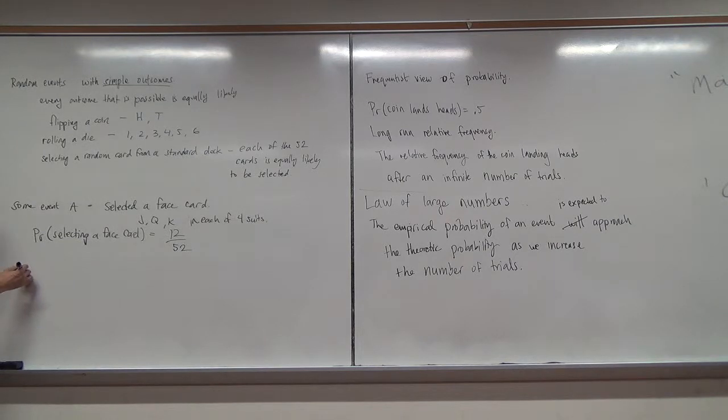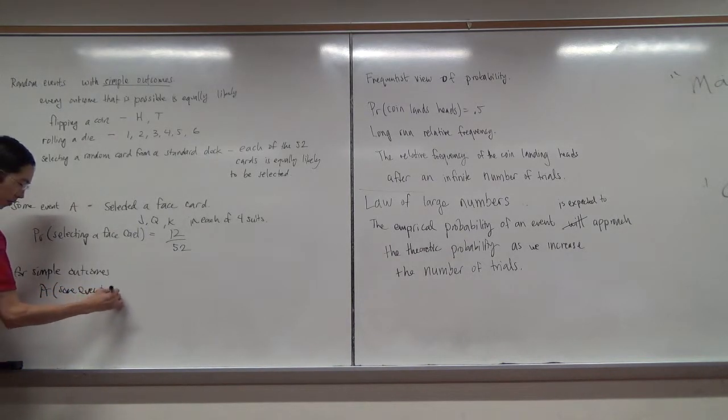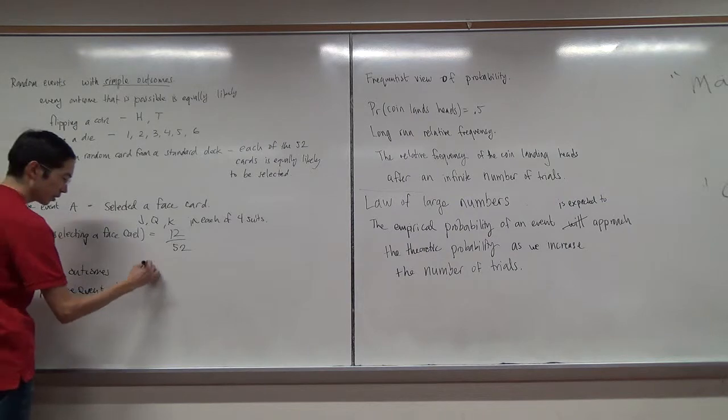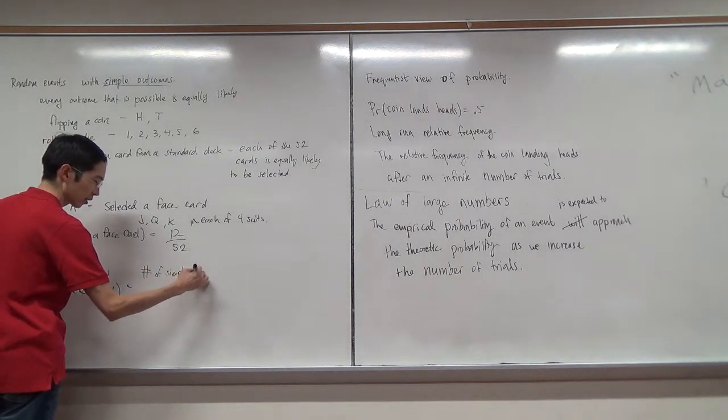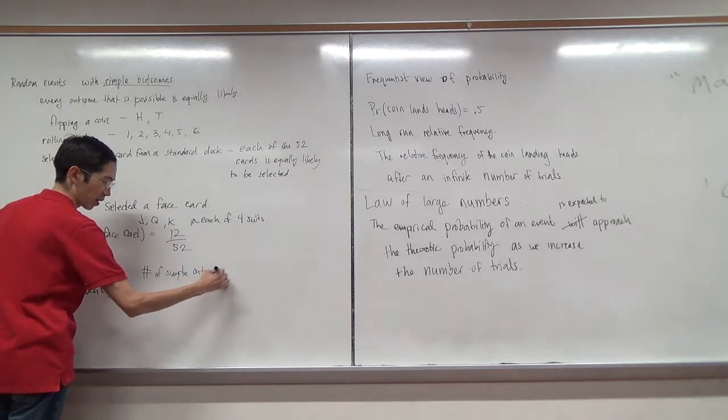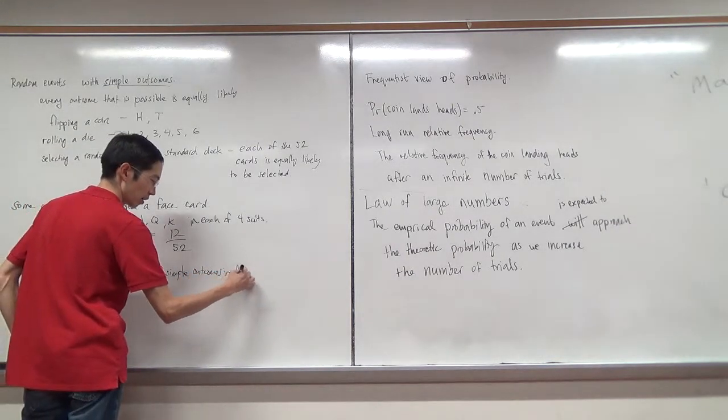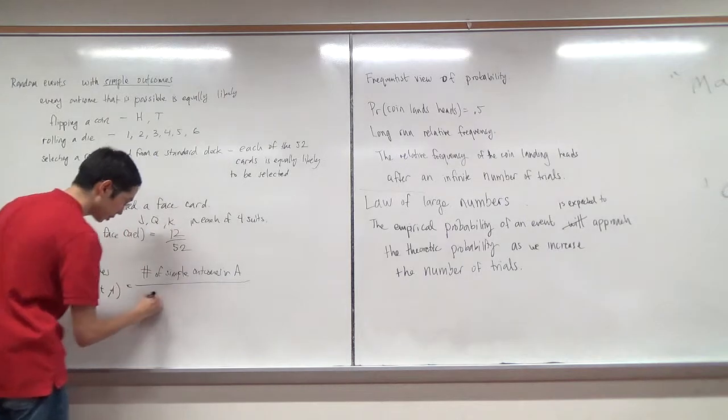For simple outcomes, the probability of some event A is equal to the number of simple outcomes in A divided by total number of outcomes.